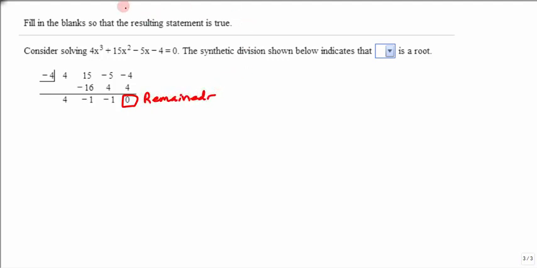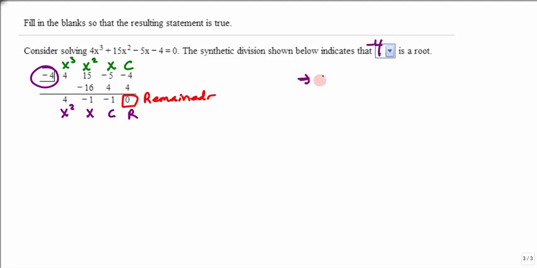Now when we start with our highest powers, I always like to sketch these in. This was 4x cubed, this was x squared, this was x, and this is our constant. So when I get done, I go down a power. So now this is x squared, this is x, this is constant, and this is my remainder of 0. Because there is a 0 remainder here, that means that -4 is my root.